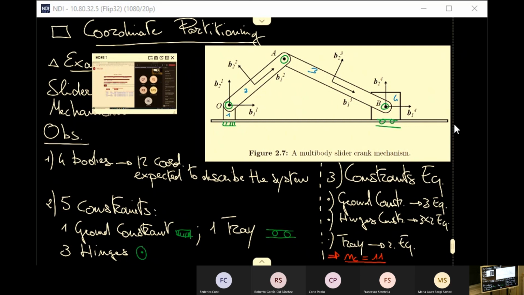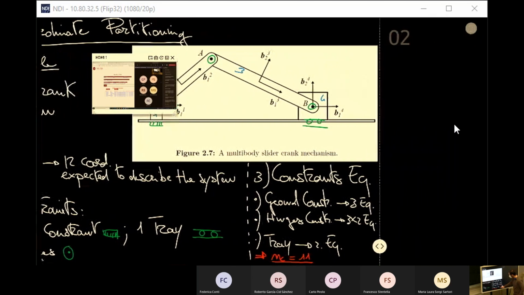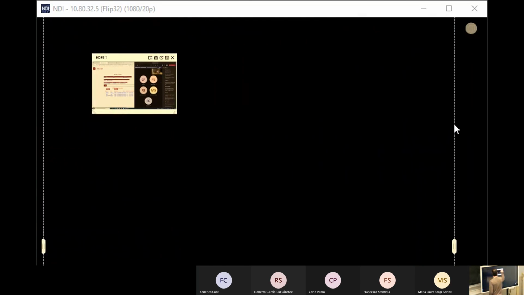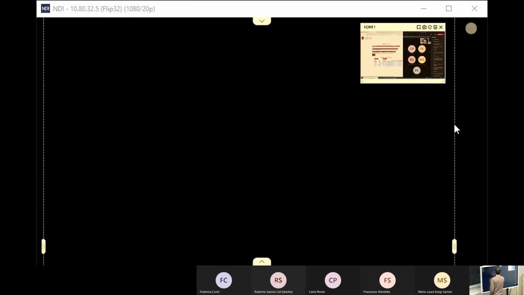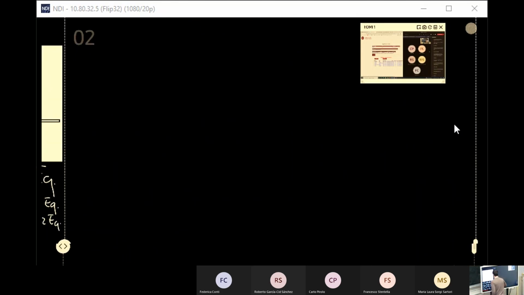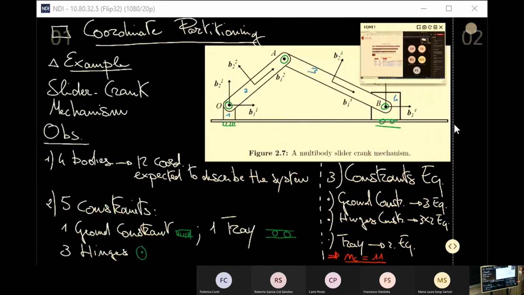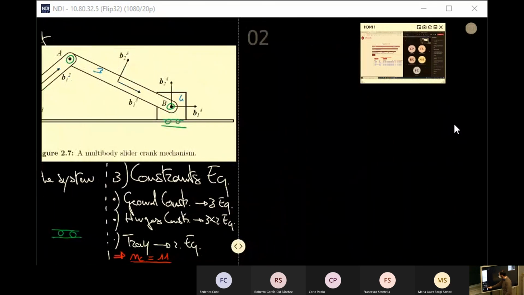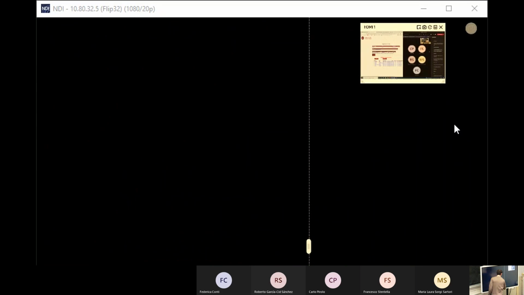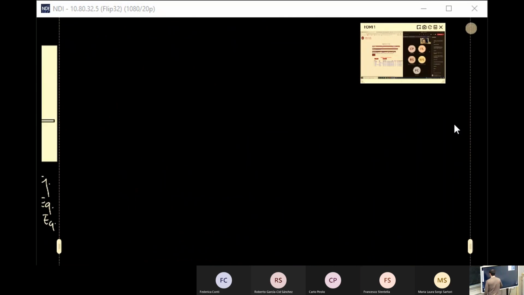Let's actually now define the coordinates, right? Let's do it like this. So this was the first phase. Now we're going to define the coordinates.